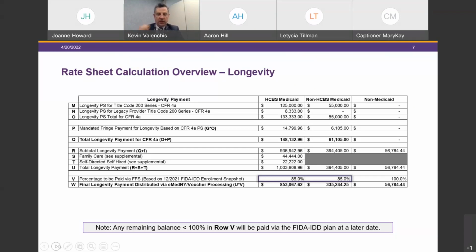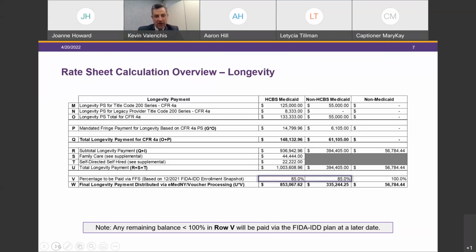Before I get into the family care, the S and the T, which we'll jump into in a second, you'll have to know that we followed separate methodologies here. We didn't necessarily use the CFR data. We had to do something a little different based on what was written and provided in the Appendix K that authorized these payments in the first instance.